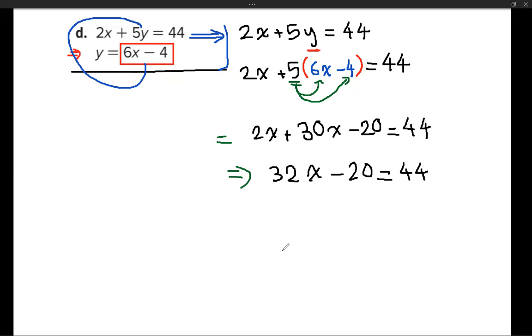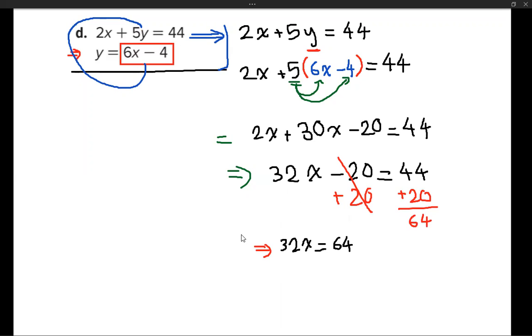Okay, and this is a simple equation. We can solve for x. We can just move the 20 first. Here we got 0, and here just add the 20 to 44, which gives you how much? It gives you 64. So the equation became 32 times x equals 64.